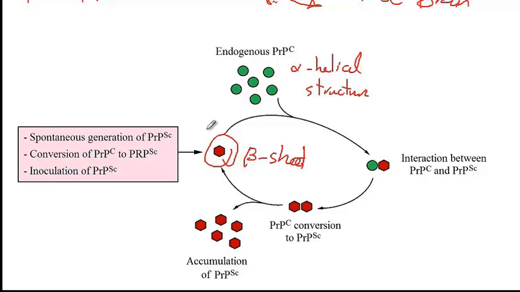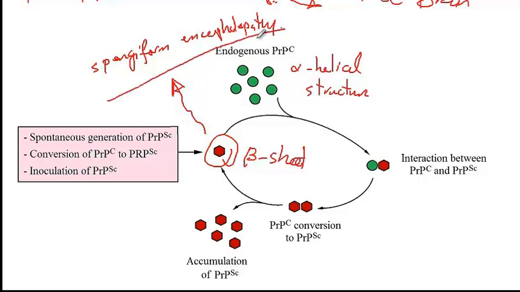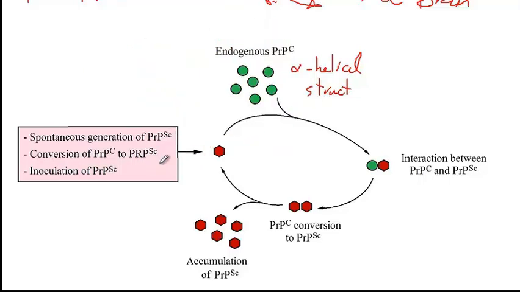And since these proteins will attack the brain, they can cause spongiform encephalopathy, which is the human version of mad cow disease. So spontaneous mutation is one mechanism of generation of the PrPSc proteins.